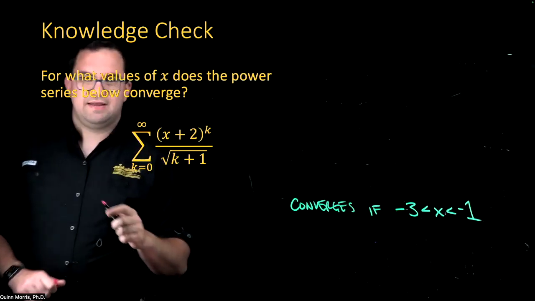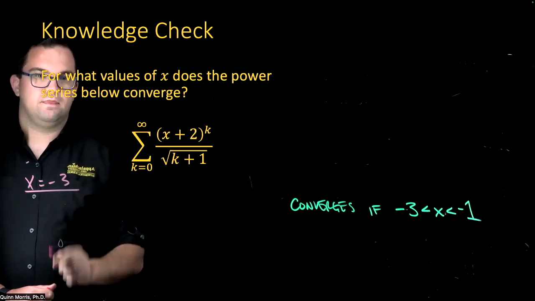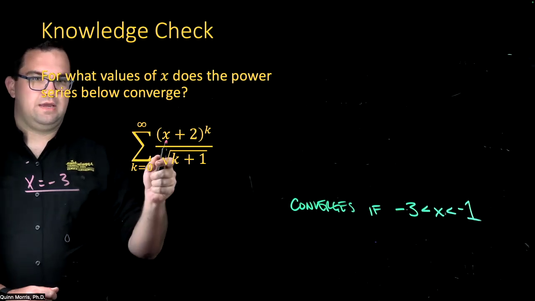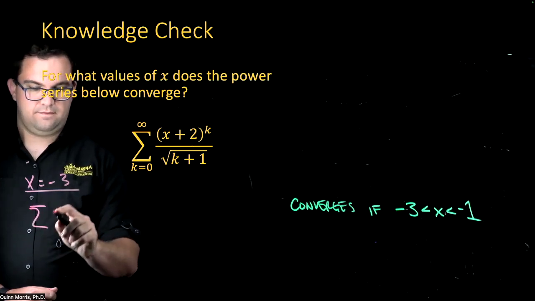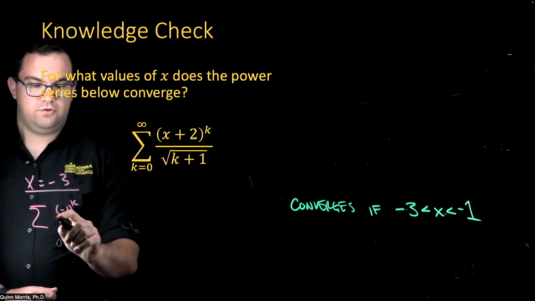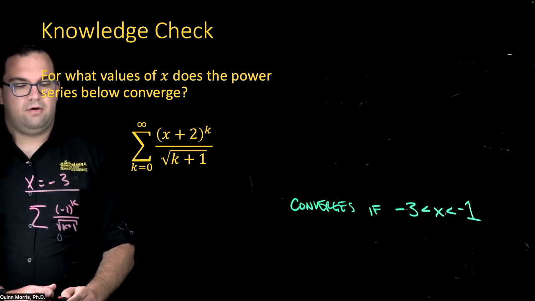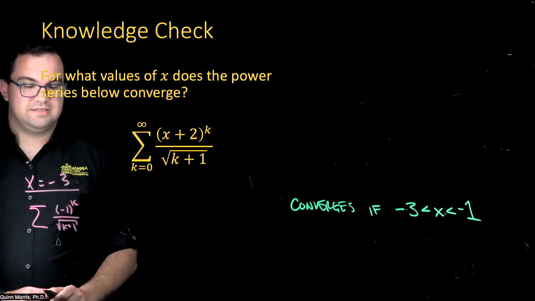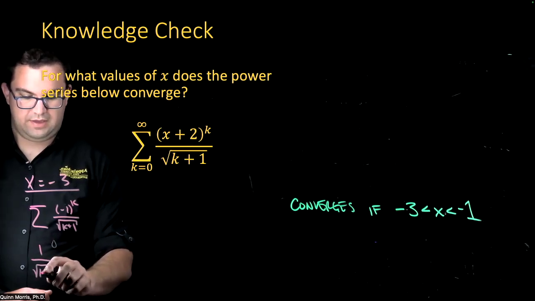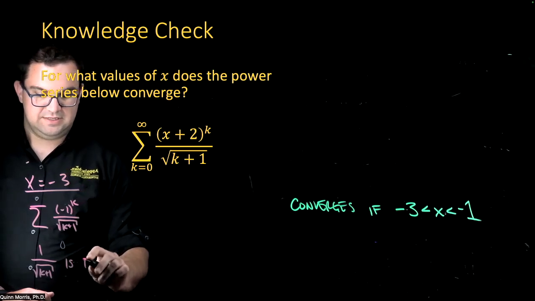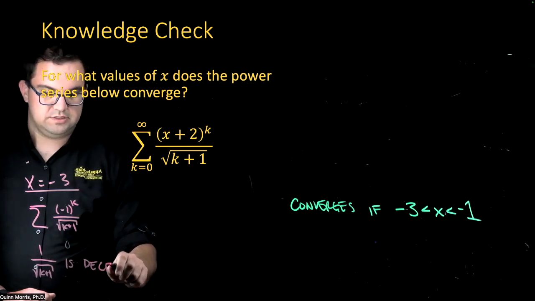So now when I take this series and I take x equal to -3, I'm going to get -1 to the k divided by the square root of k plus 1. Now, this is an alternating series. If I look at 1 divided by the square root of k plus 1, this is decreasing, right? Each time I make k bigger, this whole thing gets smaller.